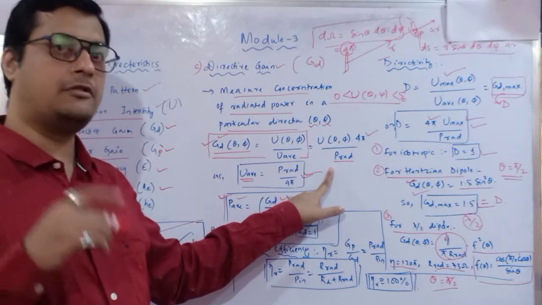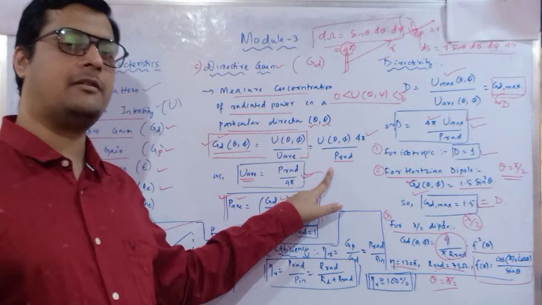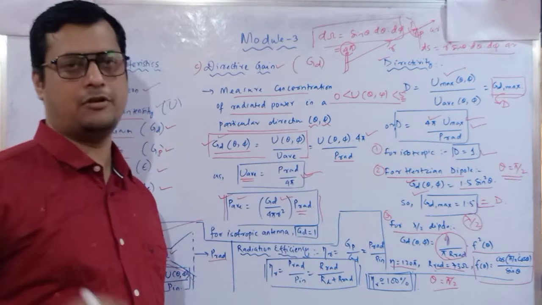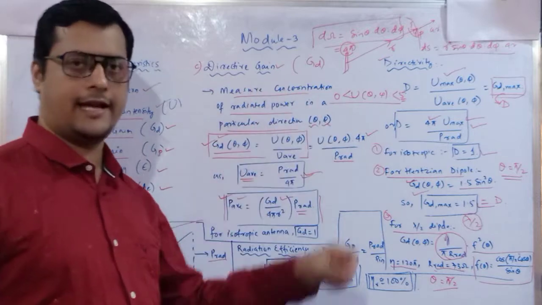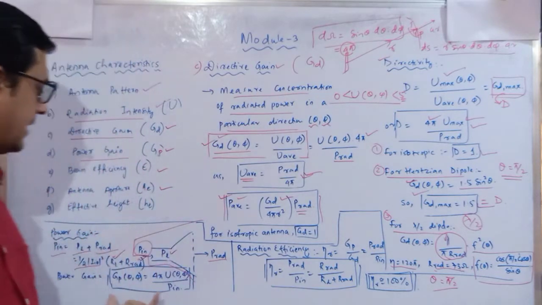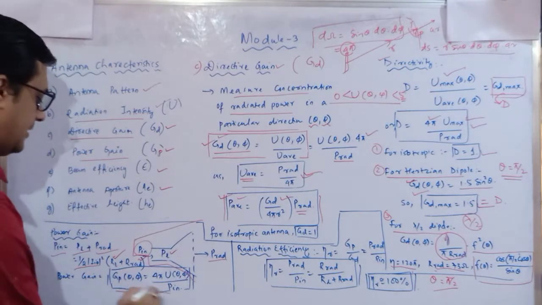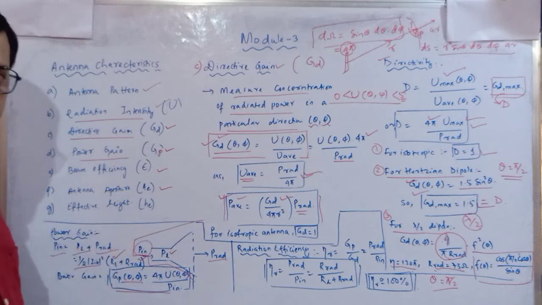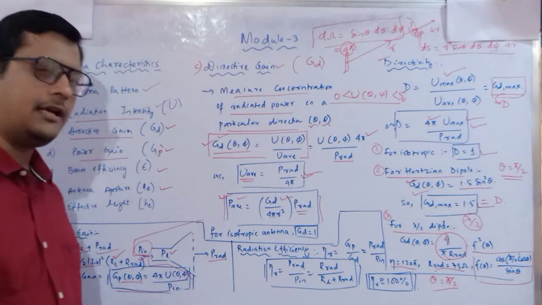But if radiated power is replaced by the input power, then this whole gain converts into the power gain. So power gain has the relation GP of theta equals 4 pi radiation intensity divided by the input power.